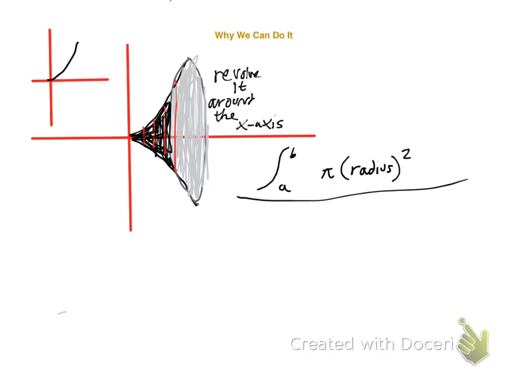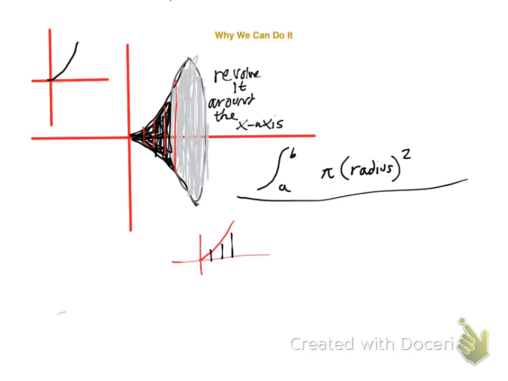Now, if you think about it, when we divided an area up into lots of different spaces, for example, if that's our little graph, we got these little rectangle-shaped things.